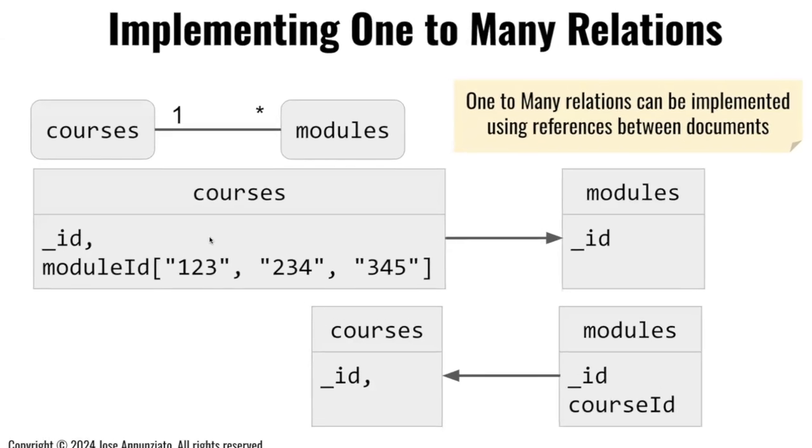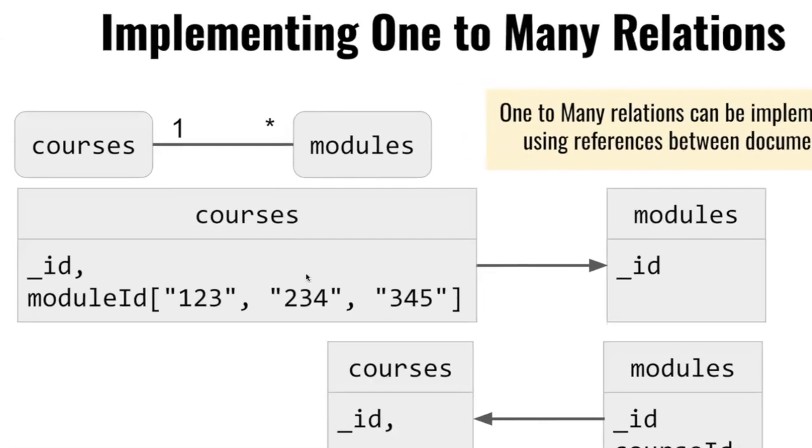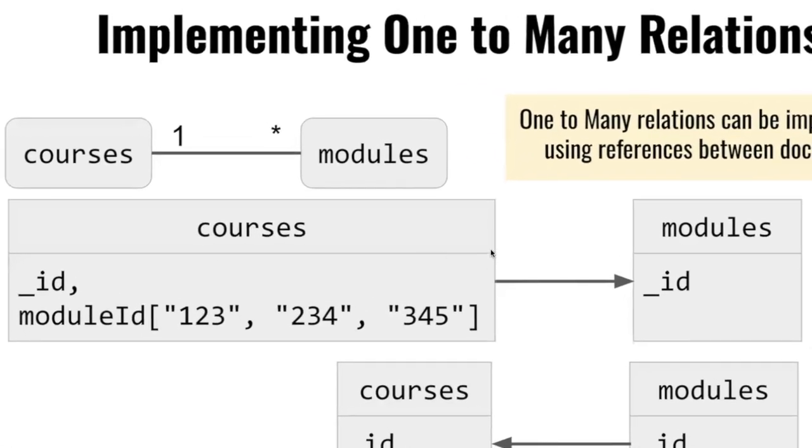One of the options is to have the courses, the parent side, on the one side, have all the references to the modules that are its children. It is the parent who has all the IDs of the modules that make up that one course. Instead, the modules would not have any reference back to its parent. The modules would be unaware of its parent.